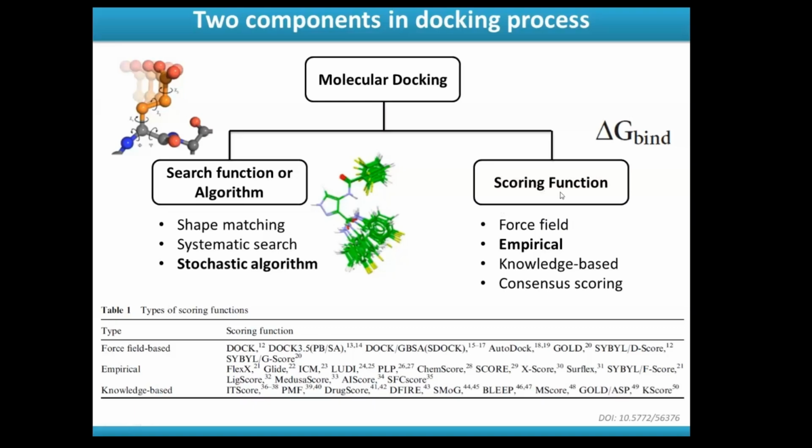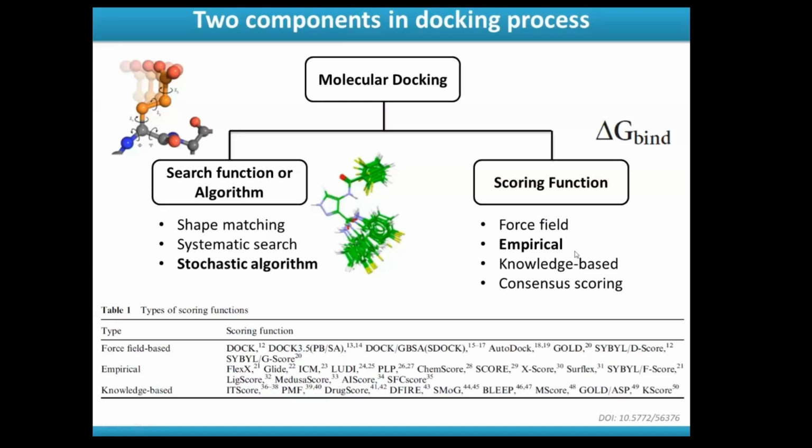On the other hand, scoring functions, which will give you the binding energy score, can be of different types, such as force field based. We'll be studying force fields in the coming lecture, tomorrow, which basically calculates the energy of the system based on bonded and non-bonded terms. And then you have empirical scoring functions.